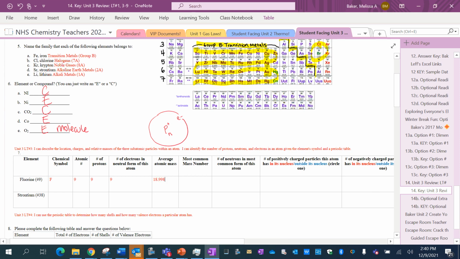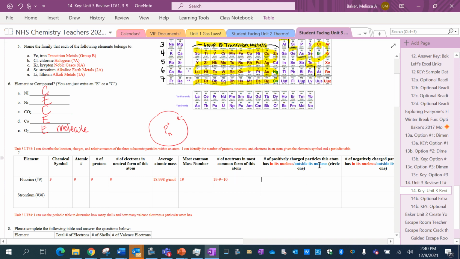If you used a different one, that's okay too. And grams per mole. Most common mass number, that would round to 19. And the most common number of neutrons would be 19 minus 9, so 10 neutrons.